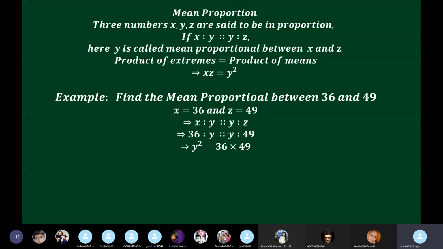Prime factors of 36. Come on, it's not so difficult. Ma'am, 2 into 2 into 3 into 3.